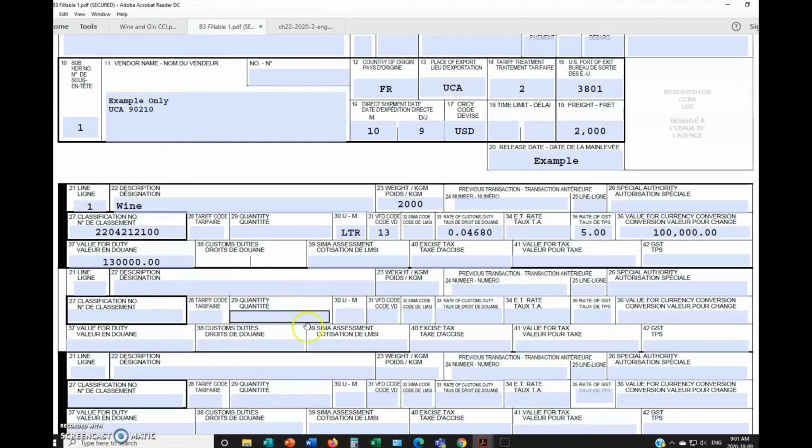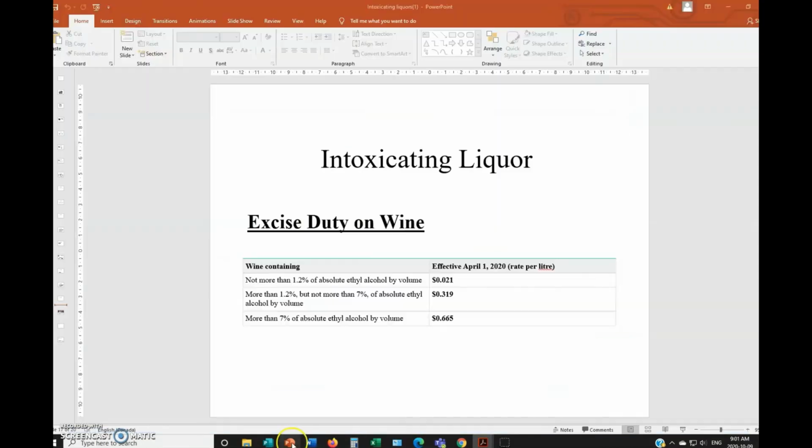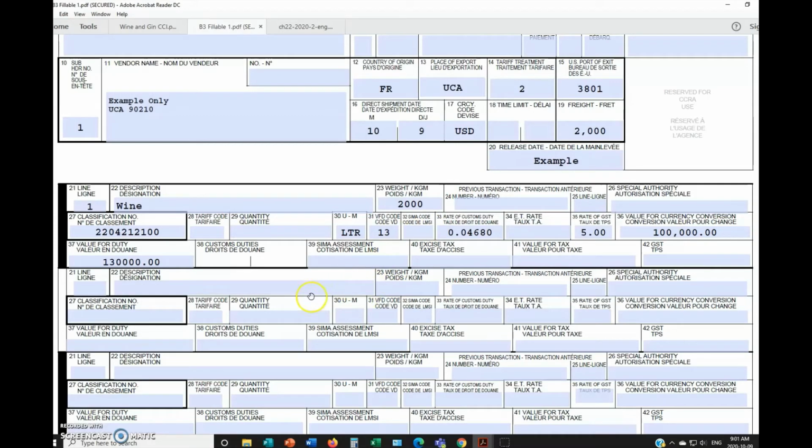Now, when you do the excise duty, the excise duty we saw is still per liter, and it's $0.665, not cents, dollars. So we put down exactly what it says here. So the excise duty is 0.665.